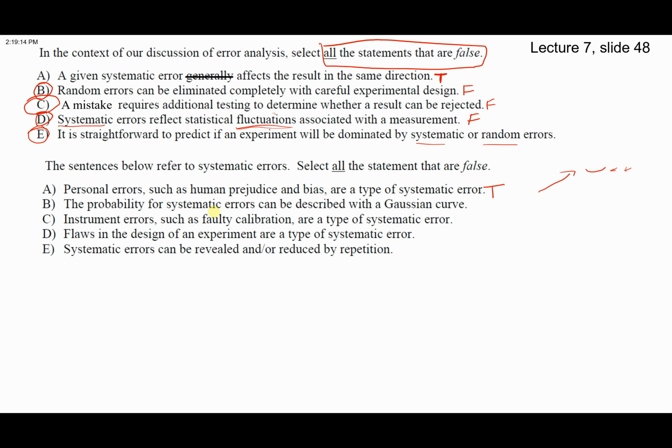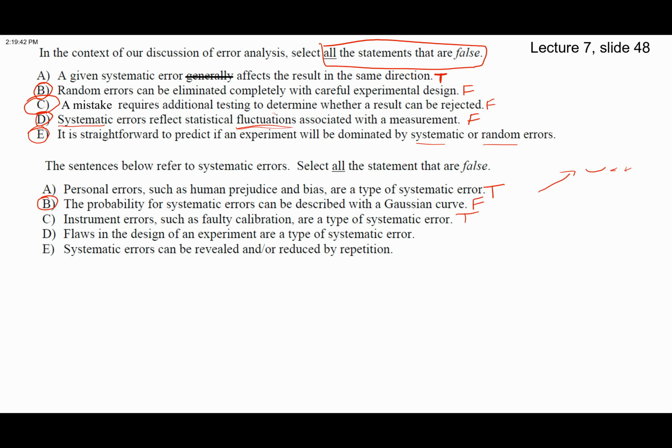The probability for systematic errors can be described by a Gaussian curve. No. Random errors are described by the Gaussian curve, not systematic. That's false. Instrument errors, such as faulty calibration, are a type of systematic error. Yeah, if your thermometer is calibrated 4 degrees too cold, it'll always read 4 degrees too cold and always in that same direction.